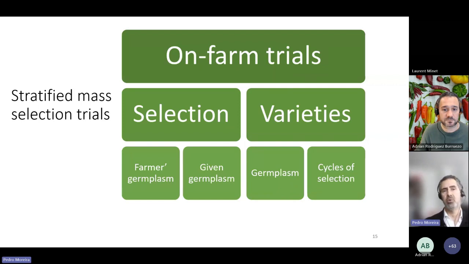And then you do a parallel selection, because some of the ears that are in the bad soils can have a phenotype equal to the worst ears that are in the best soil. So this means that we need to do parallel selection to have a stratified mass selection.